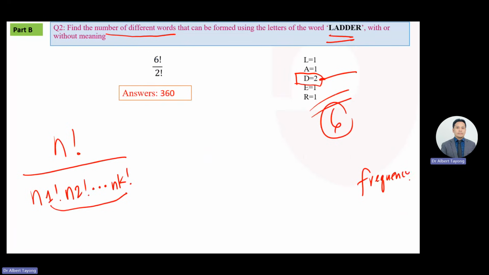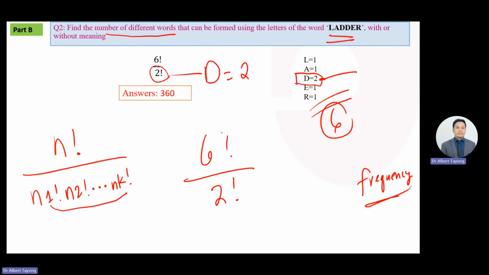We're looking at the frequency, it means the number of times it occurs. Okay, so we have only n1, that is for D, which is equal to 2. So we have 2 factorial. So 6 factorial divided by 2 factorial is equal to 360 permutations in your calculator.